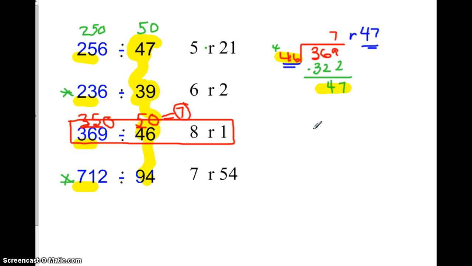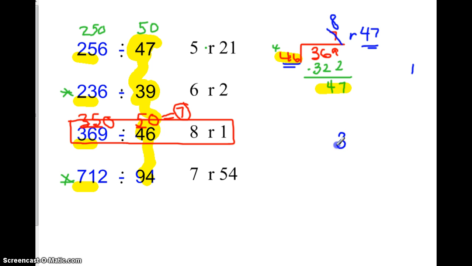So then I look at this and I say, okay, what do I have to do? This is too much, so I have to go up 1. I need another 46 because I could subtract 47 minus 46 and have 1 left, right? So I'm going to change the 7 to an 8. So I'm adding one more 46 to it.